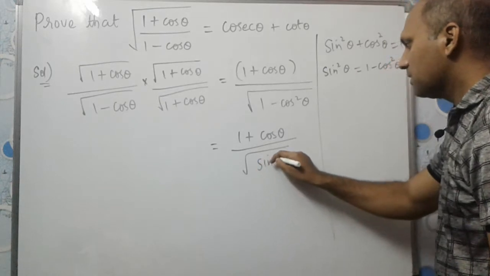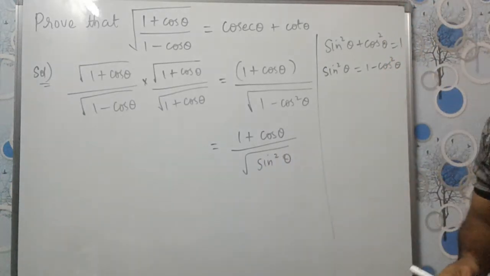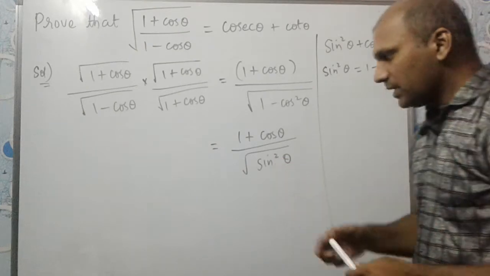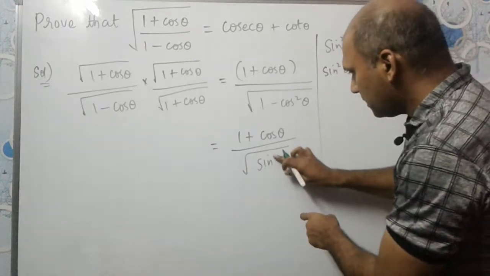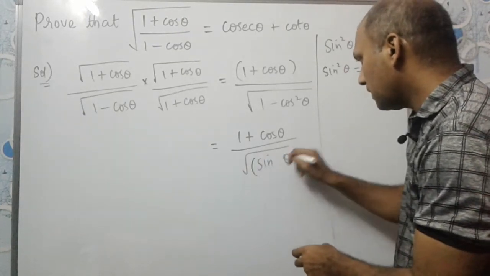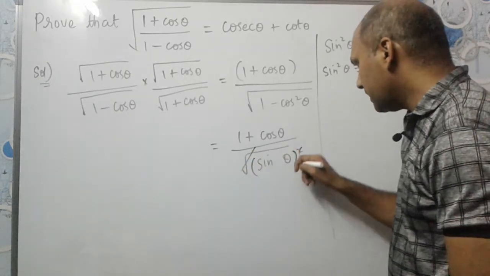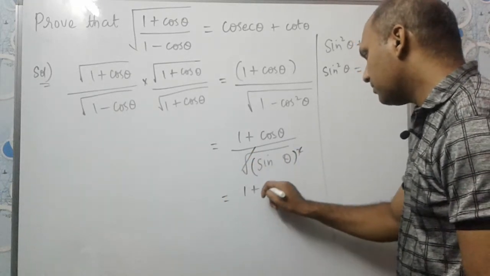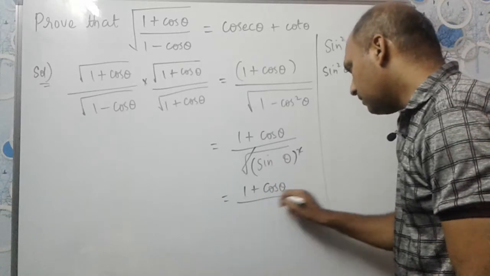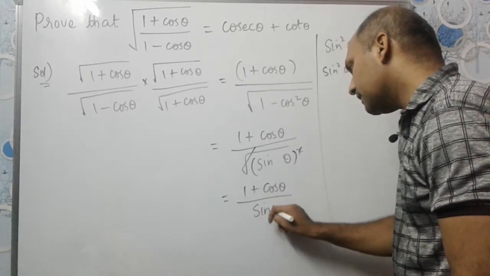Square and root cancel, so we have 1 plus cos divided by sine theta.